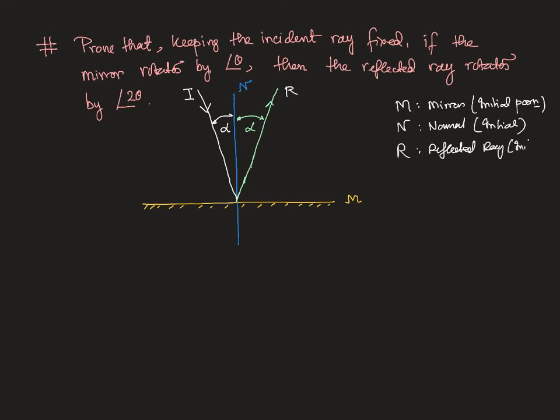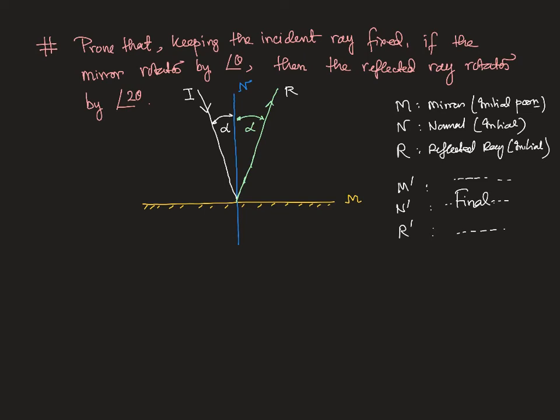So initial reflected ray, later on it will change. Now final, so M dash, N dash, R dash, this will be all the corresponding final, right? Mirror, normal and reflected.